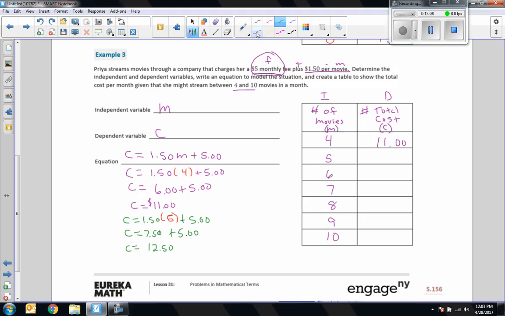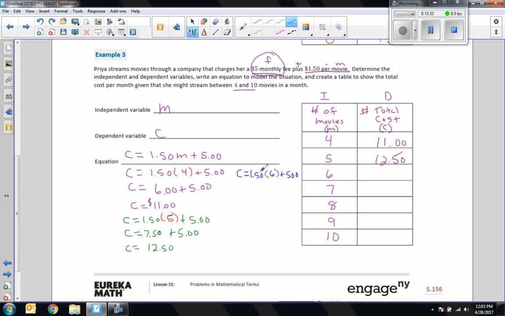Okay, so I'll put that over here. $12.50. Okay, I'm going to do it one more time, and you'll see that there's a pattern. C equals $1.50. Convert this M to an independent variable of our choice, and our choice is now 6.